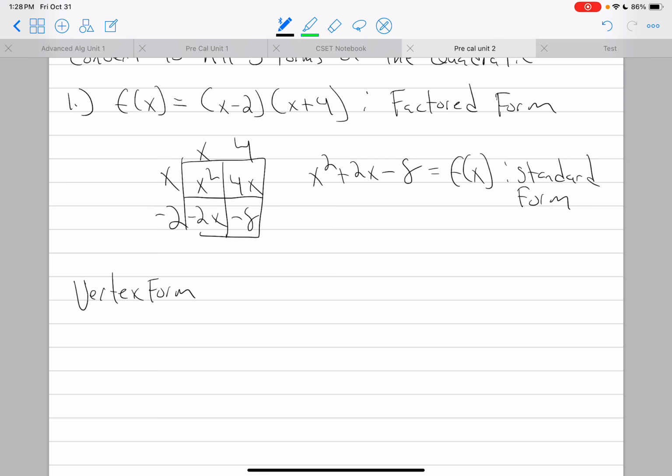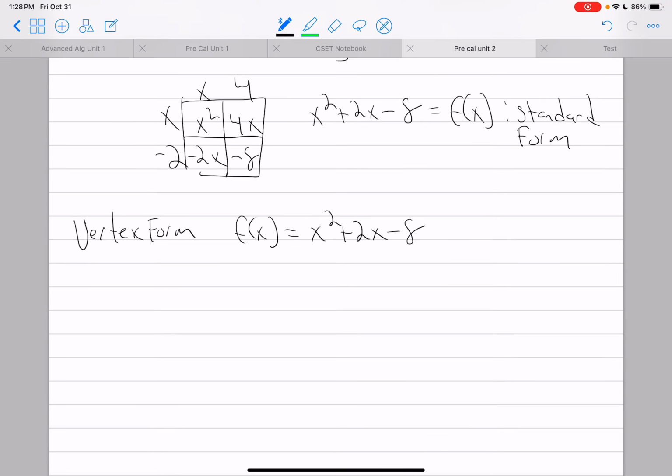Oh, I got to use completing the square, but I'm going to do it in a slightly different way. So I'm going to say f of x equals x squared plus 2x minus 8. And I'm going to complete the square, so I'm going to go ahead and keep writing this. I'm going to say x squared plus 2x plus blank, minus 8.